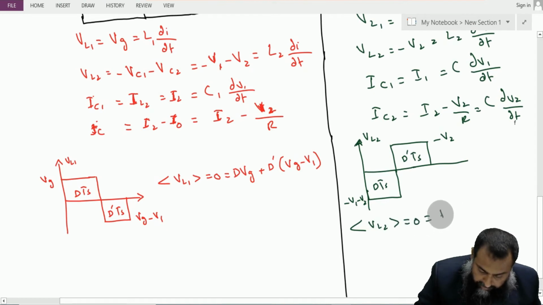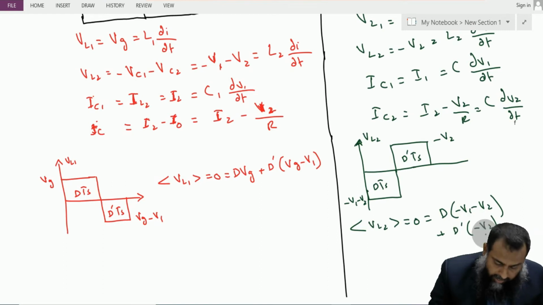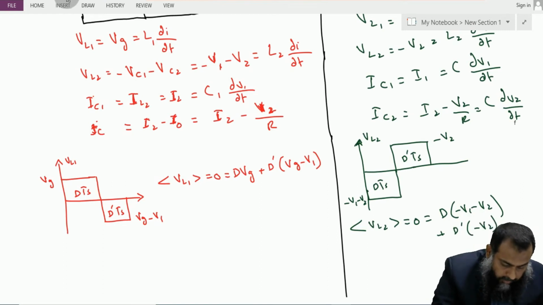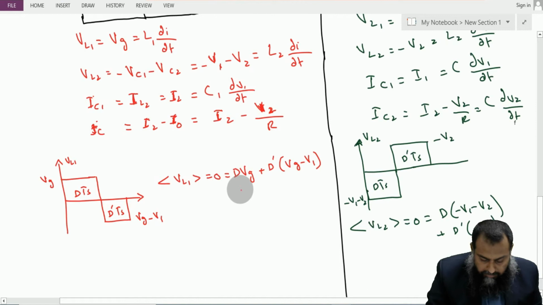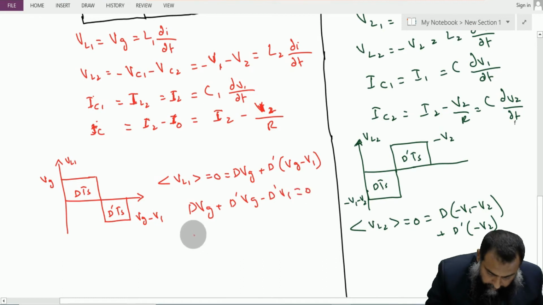So that is equal to D times (minus V1 minus V2) plus D dash into (minus V2), and that is equal to 0. So now we have two equations. Let us first of all expand this equation for VL1 and see what we get. Here we have D times Vg plus D dash Vg minus D dash V1, that is equal to 0.